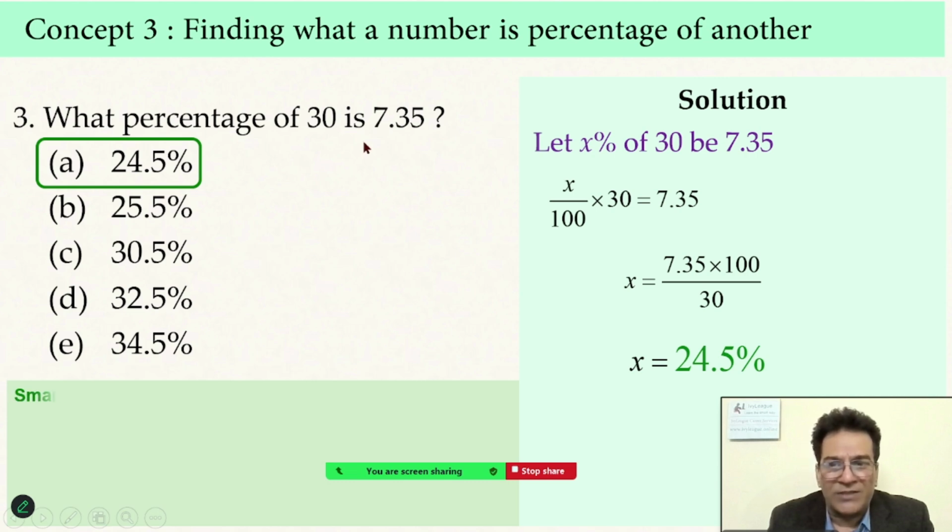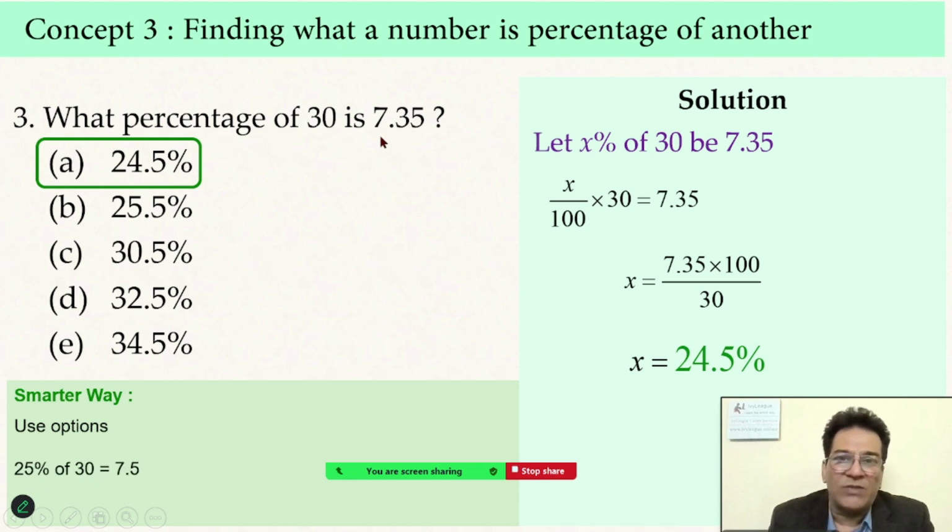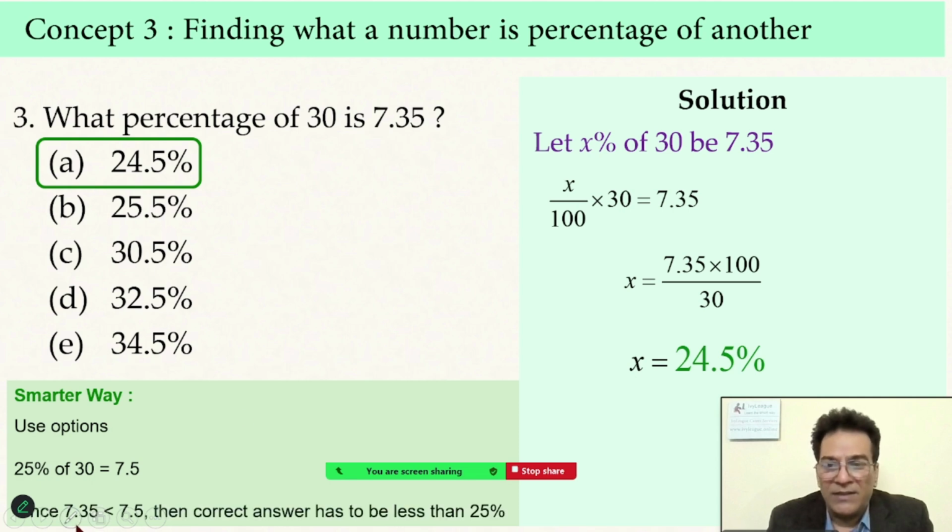If you look at this particular question's language, then a smarter way of doing this particular question is by doing it through the options instead of actually calculating here. For example, we all know that 25% of 30 is equal to 7.5. So if 25% of 30 is equal to 7.5, because 7.5 multiplied by 4 is equal to 30, then automatically 7.35 is less than 7.5.